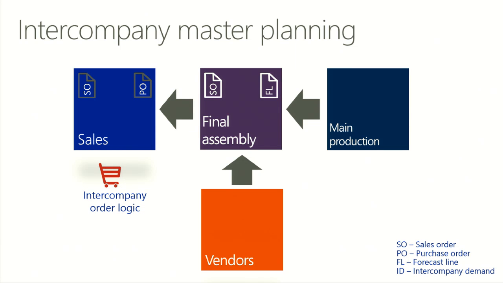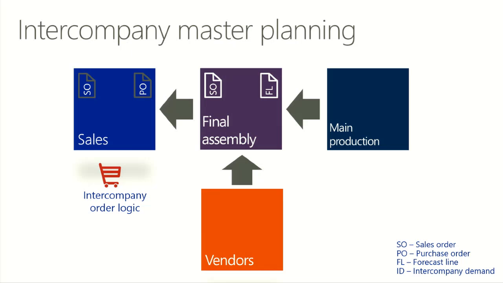So what we did here, we had the forecast line, if we take it back, so the blue one here, sales, that's France. The purple, in the middle at least, the final assembly, that's in Germany. And the main production, which is also kind of bluish to me, is here in the US.